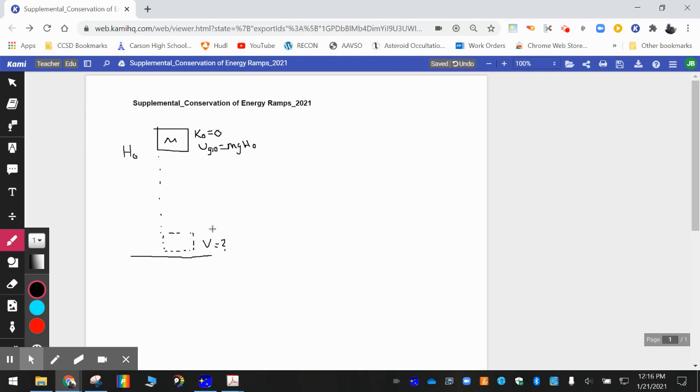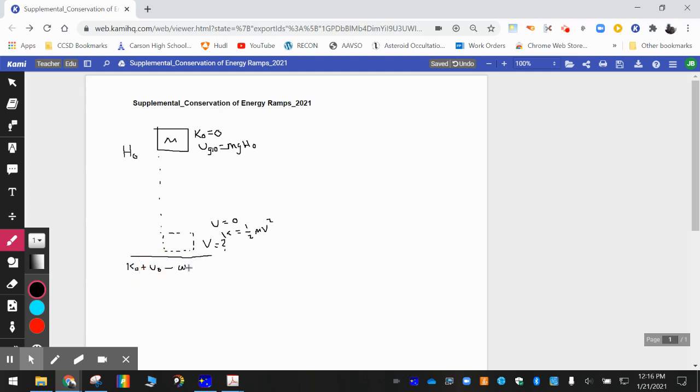So at the bottom down here, potential energy is going to be 0, but there is going to be some kinetic energy at the bottom here, given by 1/2 mv squared.